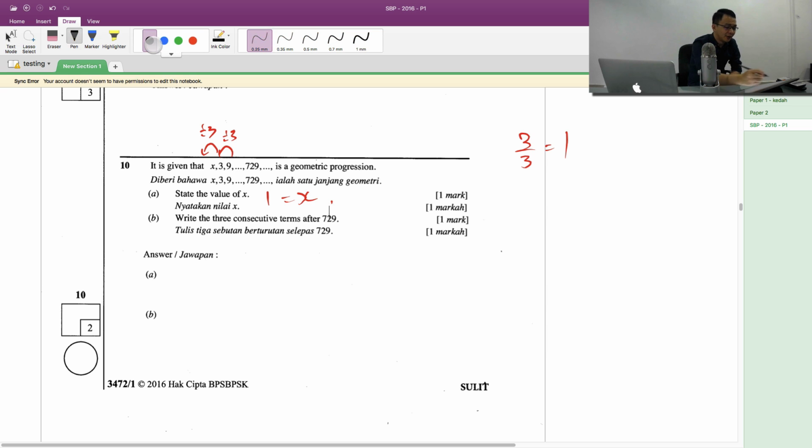Then the next thing is to write the 3 consecutive terms after 729. So that means if you go forward, it's multiply 3, multiply 3. 3 consecutive terms means the continuous terms. So you just imagine I have 729. This is my next first term, my next second term, and my next third term. This one is called consecutive terms, 3 consecutive terms. So I multiply 3, multiply 3, multiply 3.